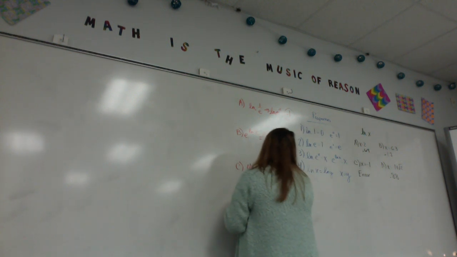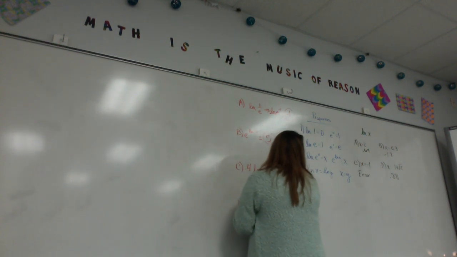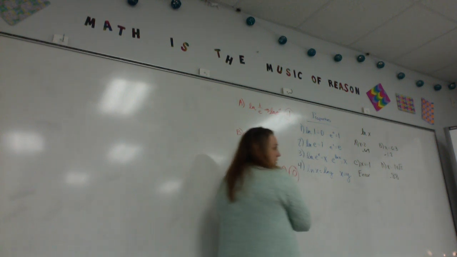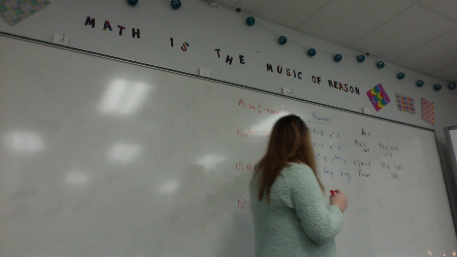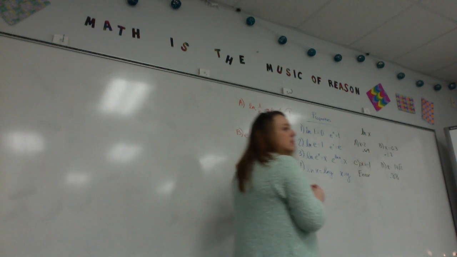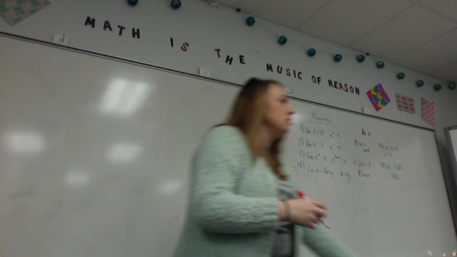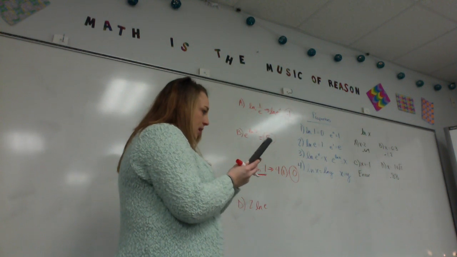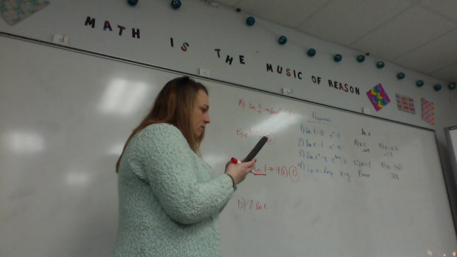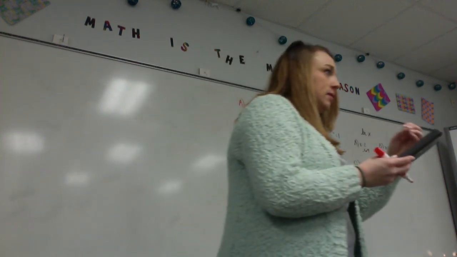So I have 4 times 0, which is going to equal 0. Okay? I'm replacing this ln of 1 with that 0 so I can solve. If you plugged it in your calculator and you press 4 and then you press ln and then you press parentheses 1, you're going to get 0 out.